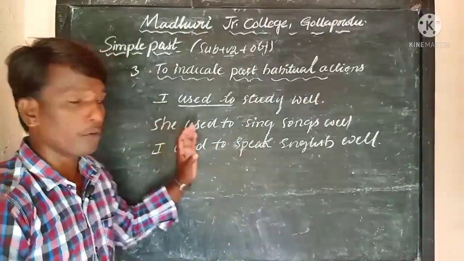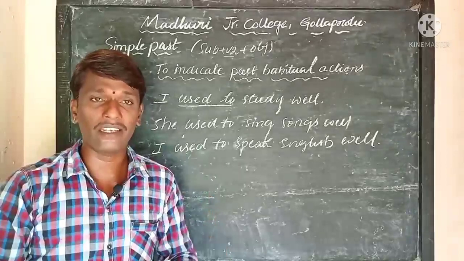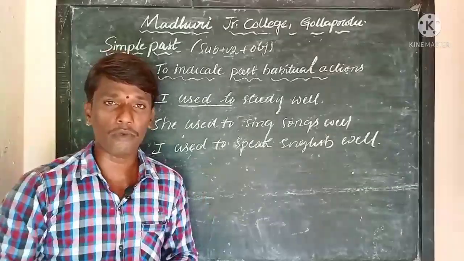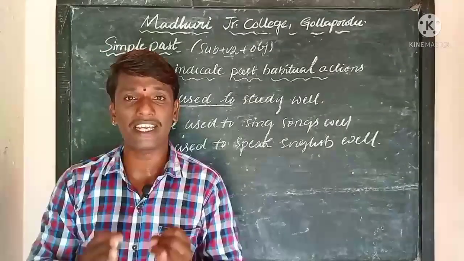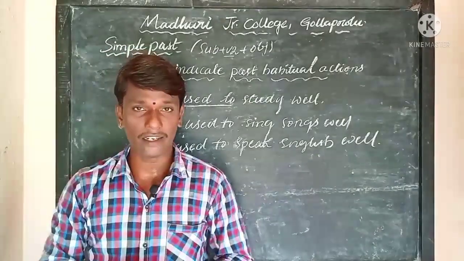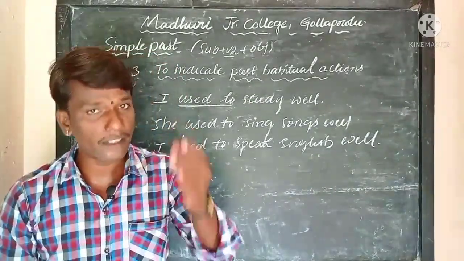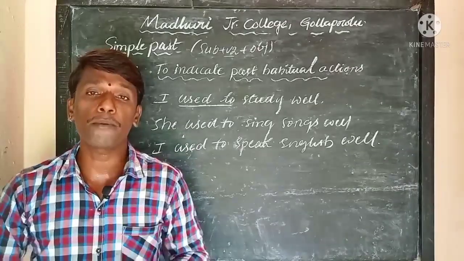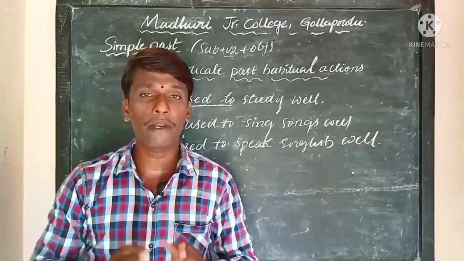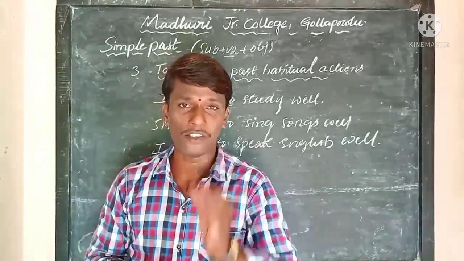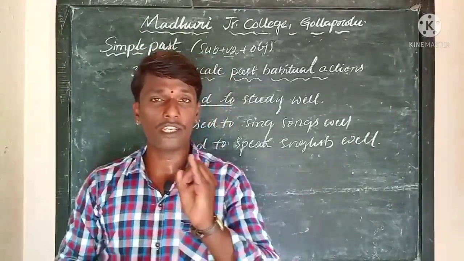So this is how simple past tense is used in three ways. The very first is to indicate a just completed action, and another is to indicate the unreal conditional clause. This clause is also said to be the improbable conditional clause or imaginary conditional clause. We use simple past tense to indicate three things. The first is completed actions.